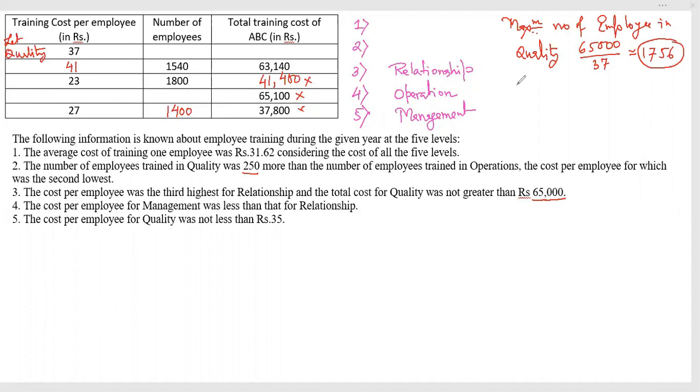Now, if operation is the fourth row, then what happened? Let us assume the operation number in the fourth row is D. If it is D, then our quality number will be D plus 250.